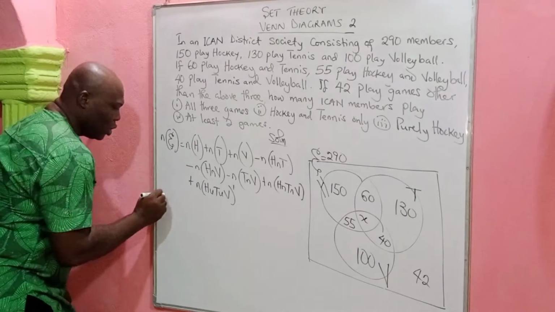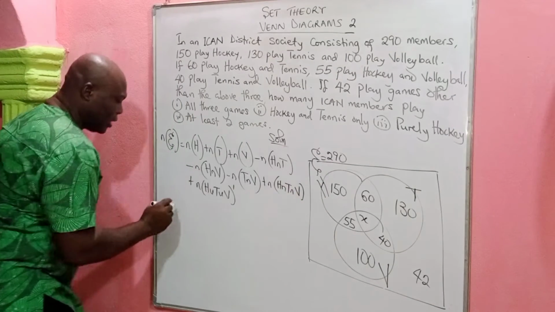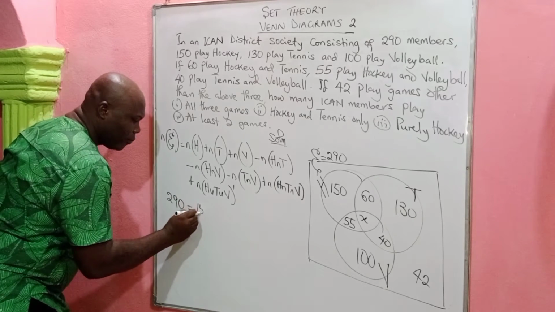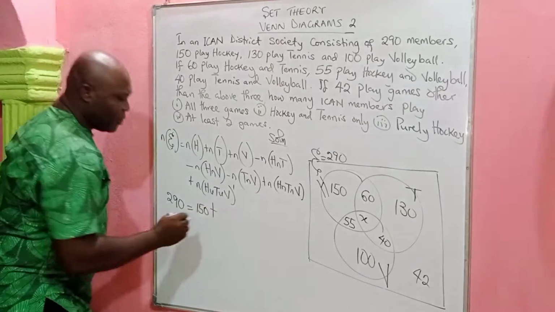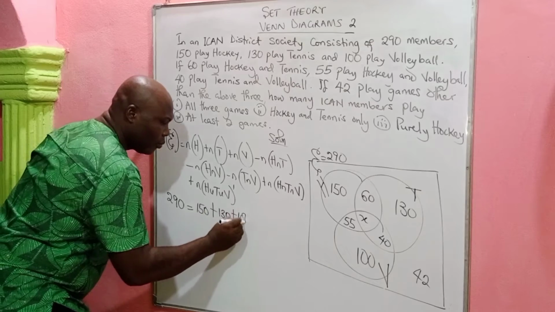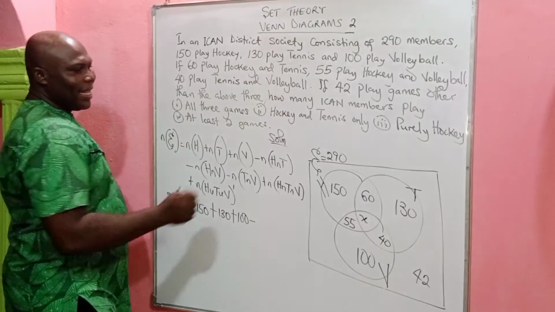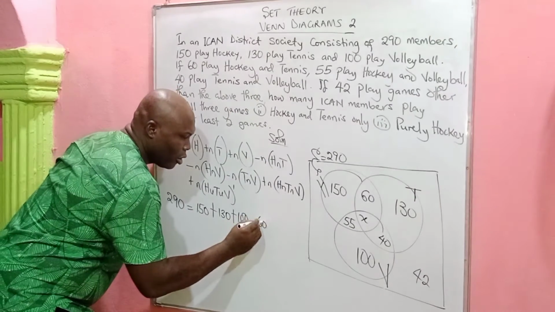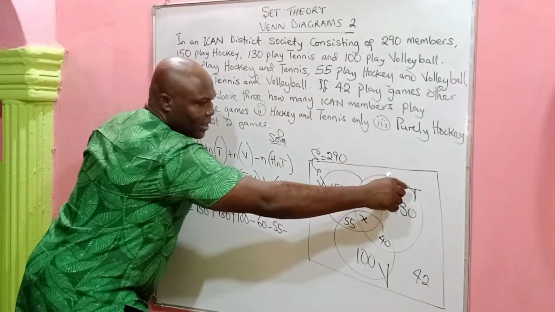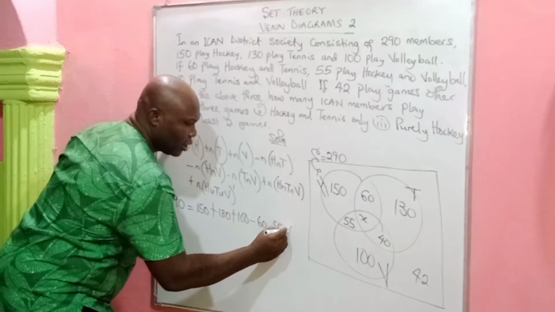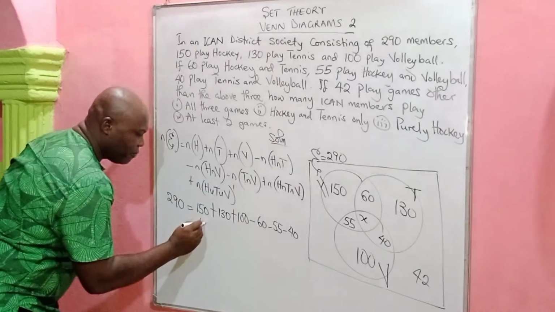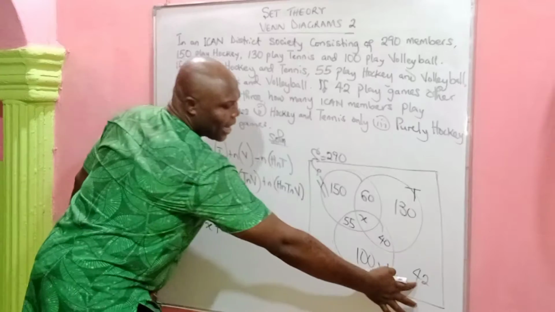So the number of the universal set is given as 290. So we are going to have 290 is equal to the number for hockey, 150, plus the number for tennis, 130, plus the number for volleyball, 100, minus hockey intersecting tennis, 60, minus hockey intersecting volleyball, 55, minus tennis intersecting volleyball, 40, and then plus all the three, which is what we are looking for, x, plus neither of the three, which is 42.